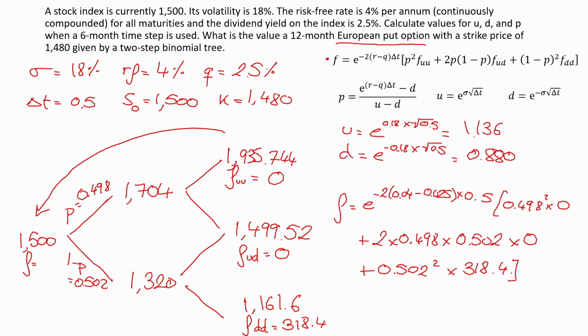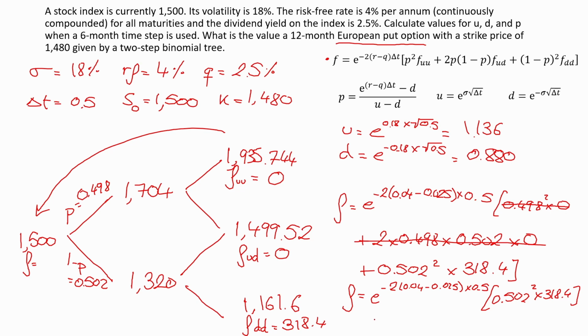And we close brackets. Remember, anything times 0 is 0, therefore we can forget about this part and this whole part as well. And so we're left with f is equal to e to the power of minus 2 times 0.04 minus 0.025 times 0.5, and we open brackets, 0.502 squared times 318.4.